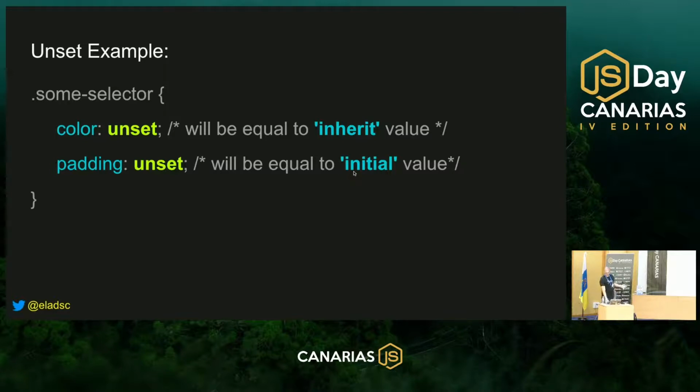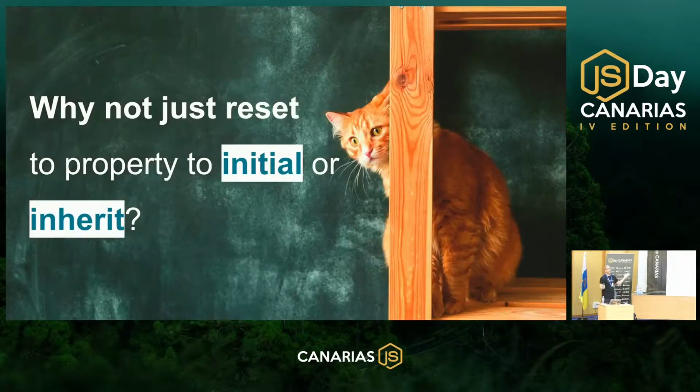And now you may be asking yourself, if it's working sometimes like this and at other times like this, why not just use the initial value or the inherit value instead? There are two reasons to use the unset value. When you want to reset a typography property, you will always want to reset it to inherit.